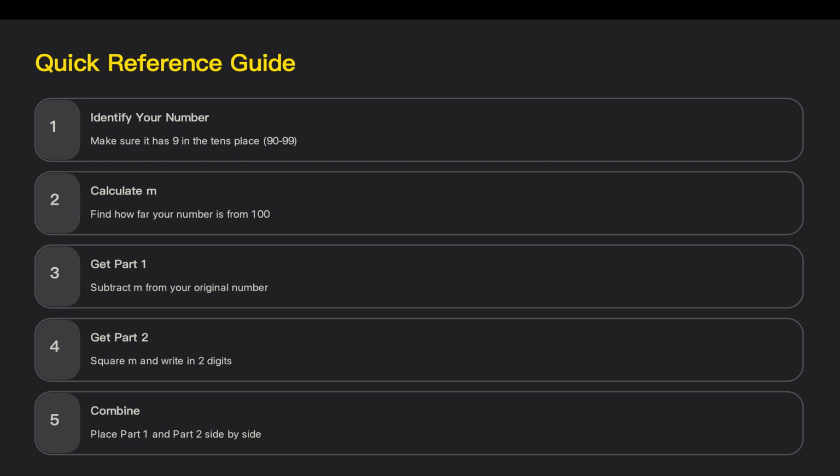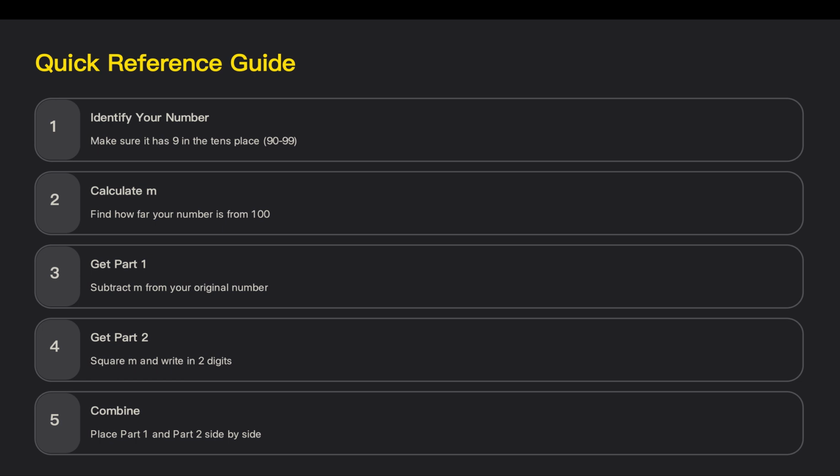Now, a quick reference guide. So, the process is: identify your number and calculate m, that is subtracting that number from 100. In part 1, what we do? Part 1 is the number n minus m.